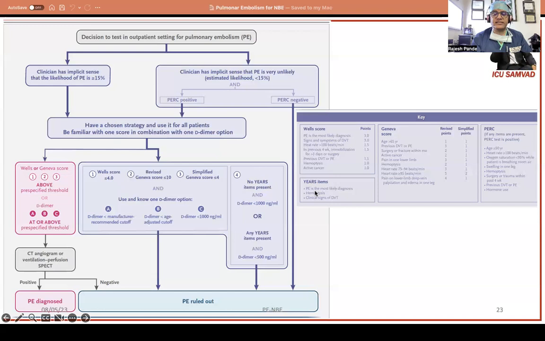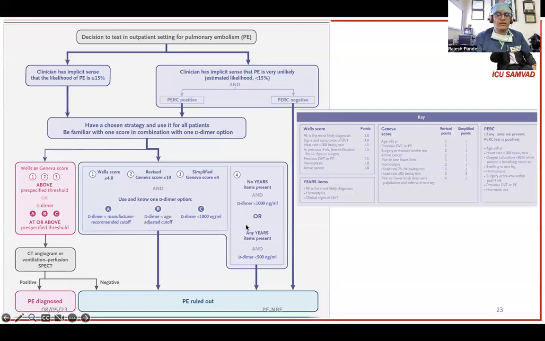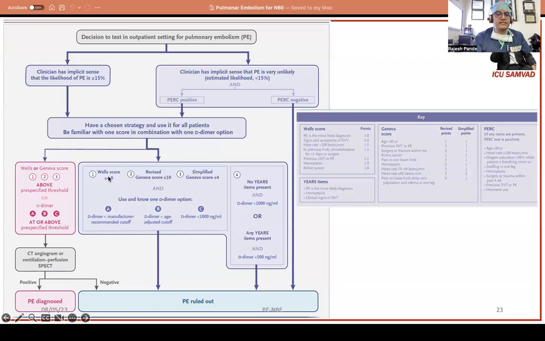The YEARS criteria are pulmonary embolism as the most likely diagnosis, hemoptysis, and clinical signs of DVT, which are redness, edema, swelling, and pain. So, supposing the Wells score is less than 4, revised Geneva score, simplified Geneva score is less than 4, and D-dimer is normal, then pulmonary embolism is ruled out.